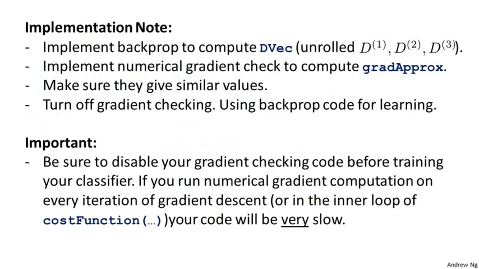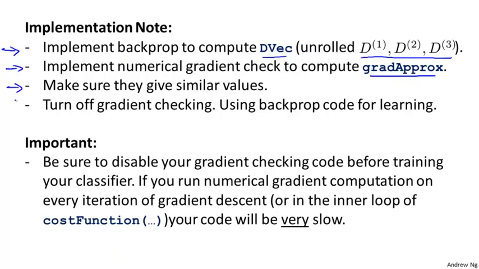Finally, I want to put everything together and tell you how to implement this numerical gradient checking. Here's what I usually do. First thing I do is implement backpropagation to compute dvec. This is a procedure we talked about in the earlier video to compute dvec, which may be our unrolled version of these matrices. Then I implement numerical gradient checking to compute grad approx. This was what I described earlier in this video on the previous slide.